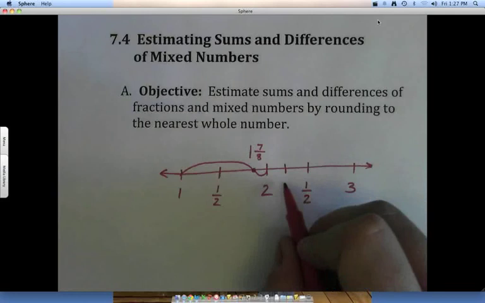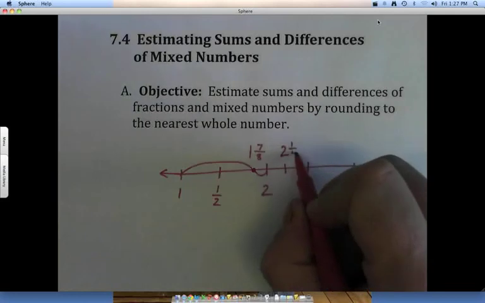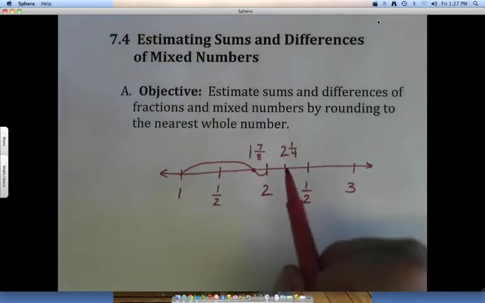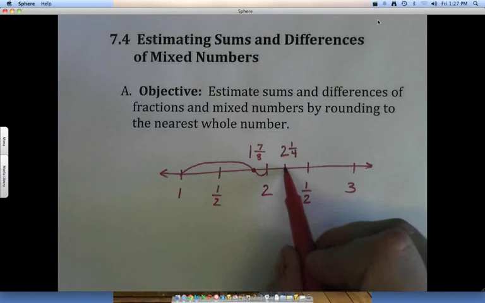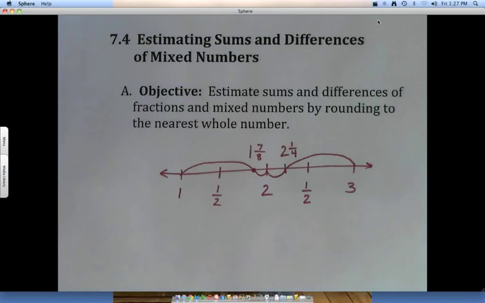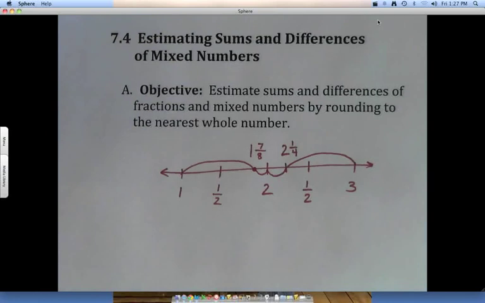So this right here is 2 and 1/4. 2 and 1/4 is closer to 2 than it is to 3. So using a number line can help you decide whether a mixed number should be rounded up or stay the same.